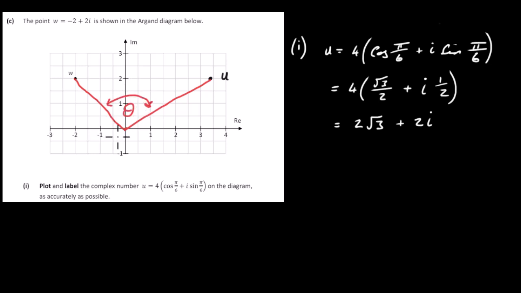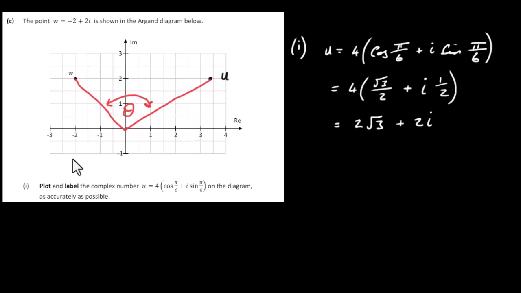Now, there's a number of ways of doing this, but what I'm going to do is find this angle and this angle here, add them and subtract them from pi. Remember, from here to here is pi, or 180 degrees. I'm going to find this angle, which is easy enough to do, and this angle here, which is easy enough to do, then subtract from pi, and that should get me my angle.